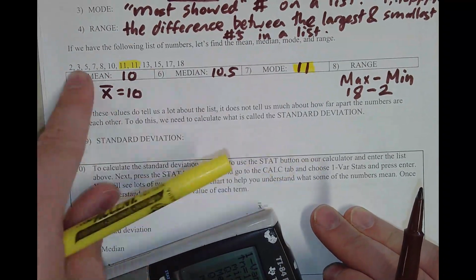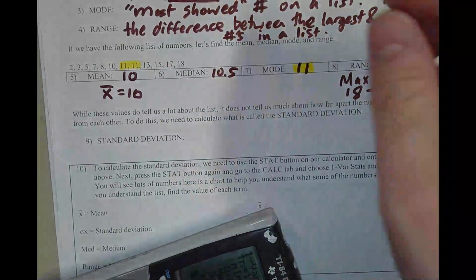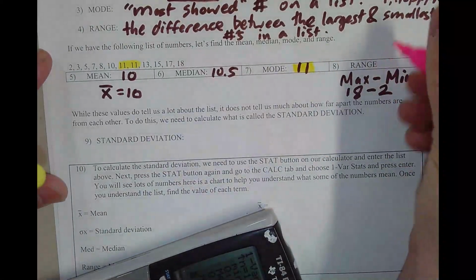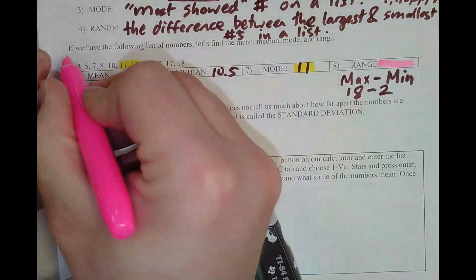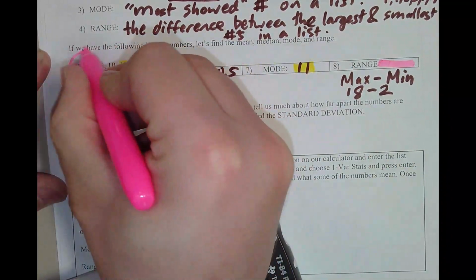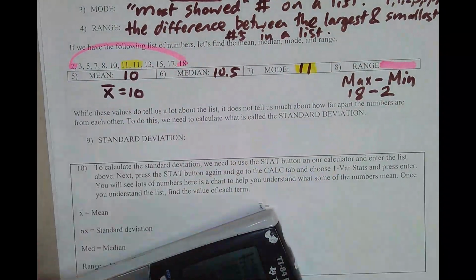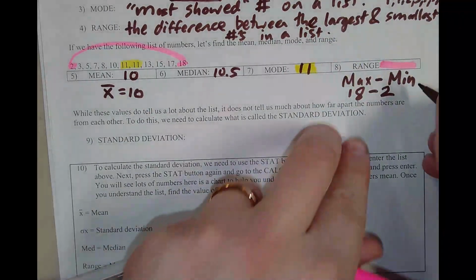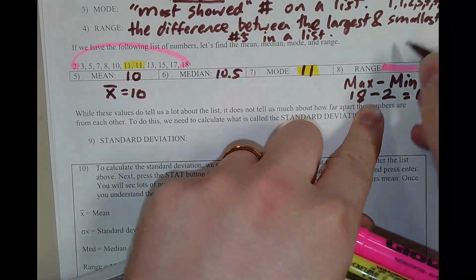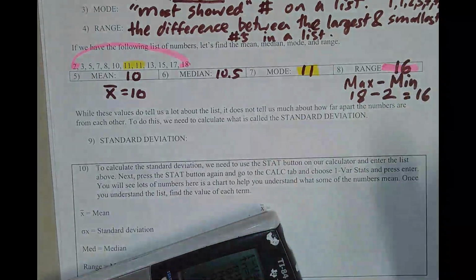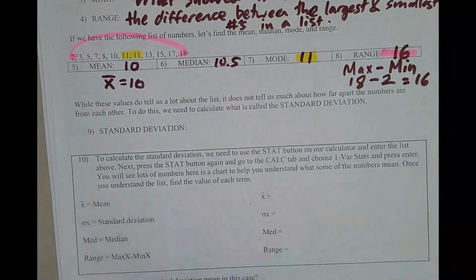Our maximum minus the minimum. Remember, the range is just how far apart is our data. How far are the numbers 2 and 18? How far apart are they? Well, 18 minus 2 is 16, and you're done. That's your range.